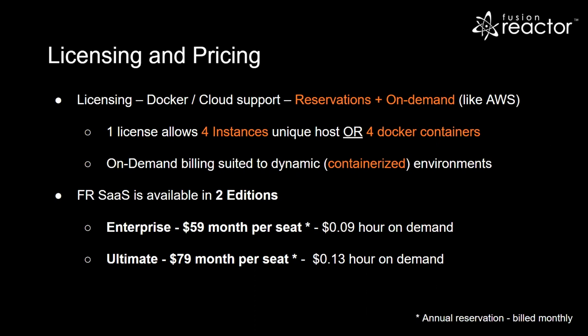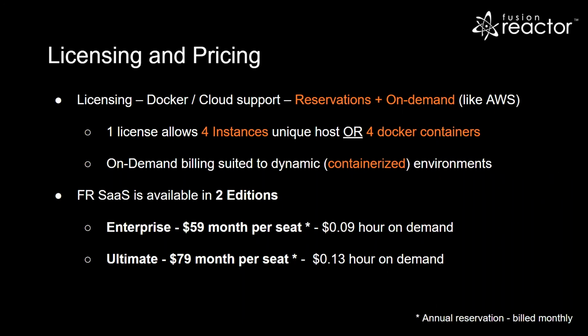And one license allows you to have up to 4 instances on a unique host or 4 Docker containers. So it can make FusionReactor a very cost-effective solution if you move to a containerized environment using Docker. Then essentially you can have 4 containers for each license seat.